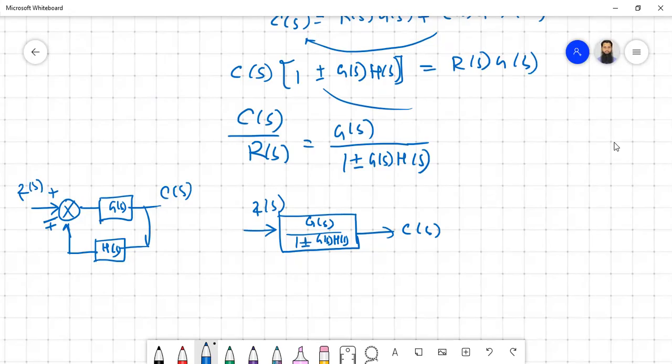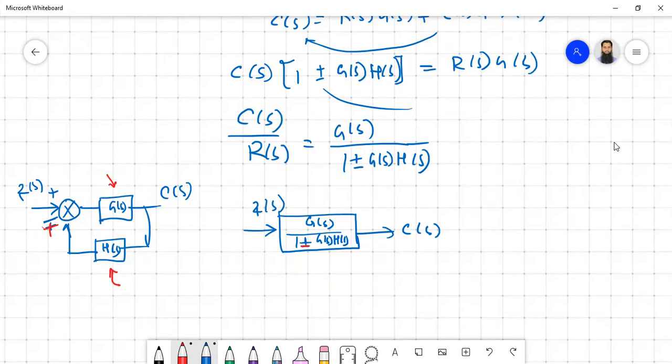And if it is positive here, then you will have a negative sign here. This is one thing to notice. Also try to remember, this is the forward path gain, G(s), and this is the feedback gain. So the formula is forward path gain divided by 1 plus forward path gain into feedback gain. So that will be your equivalent network.